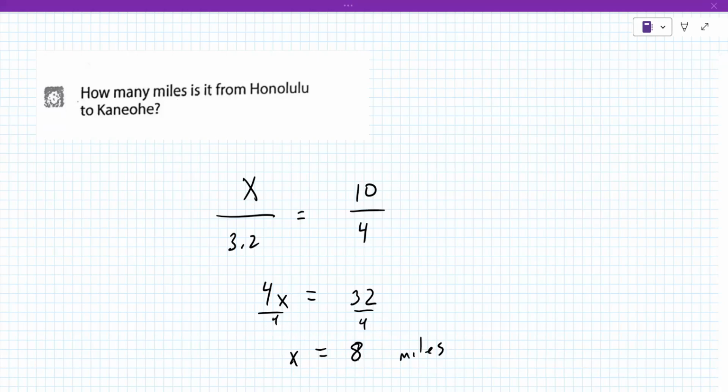I'm not checking your map, but I assume you're getting the right numbers. Okay. All right. The next one here is Kaneohe to Hanauma Beach.